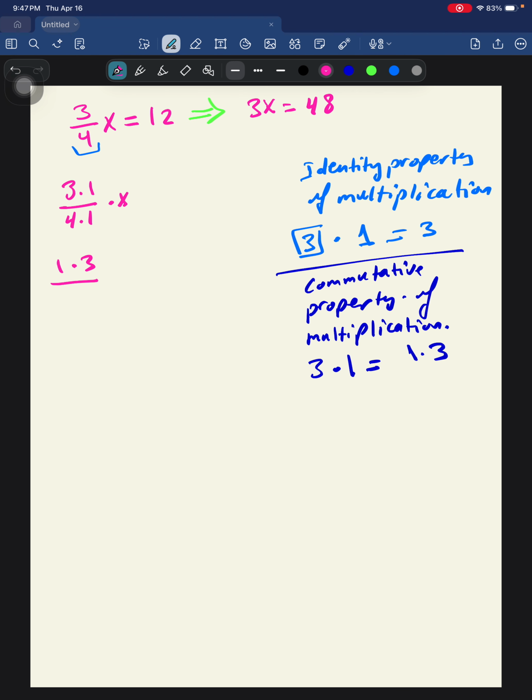And then we can divide by 4 multiplied by 1, of course multiplied by x. Now we can change this side as a fraction as follows: 1/4 multiplied by 3 over 1 multiplied by x.